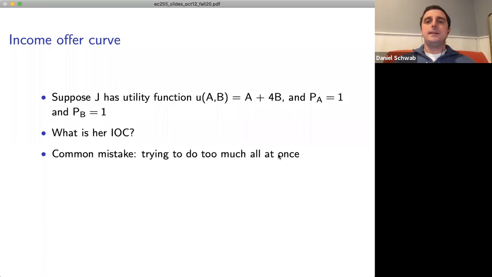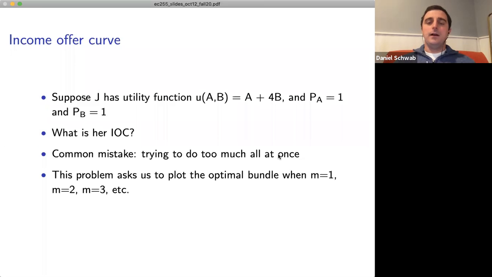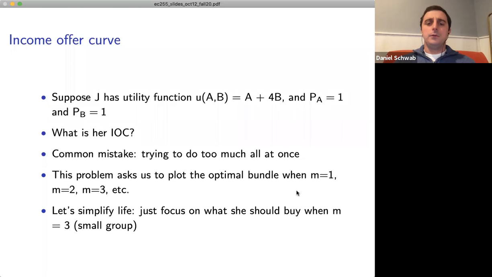A mistake that I think some people would make is to just start drawing your income offer curve. No, that's too soon. It's important to go in steps. What we're interested in is plotting the optimal bundle for all of the possible different values of M: 1, 2, 3, fractions, huge numbers, small numbers, a lot of stuff to deal with all at once.